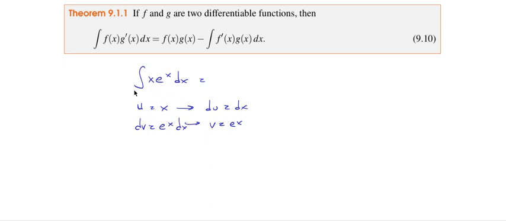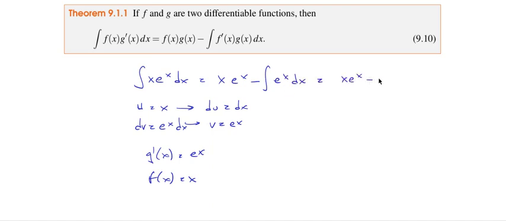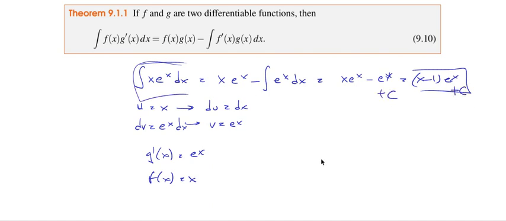In other words, g prime is going to be e to the x, f is going to be x, and then applying the formula, you have x times e to the x minus the derivative of x, which is 1, times e to the x dx, and the primitive of this is e to the x. So you have x e to the x minus e to the x, or in other words, x minus 1 times e to the x, plus c, a constant.